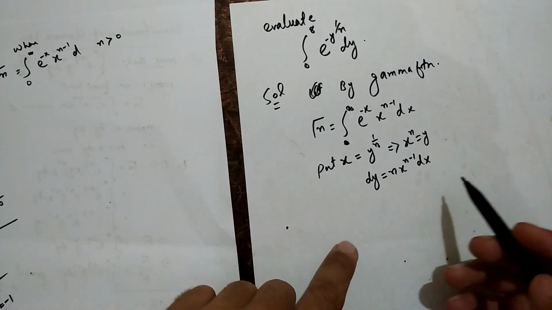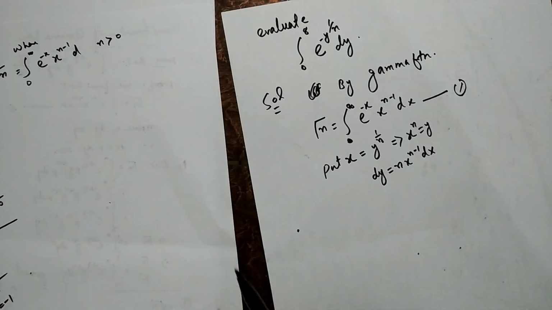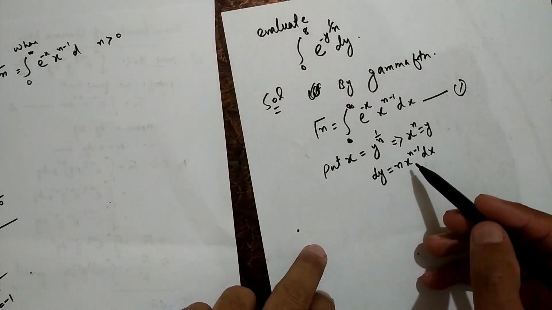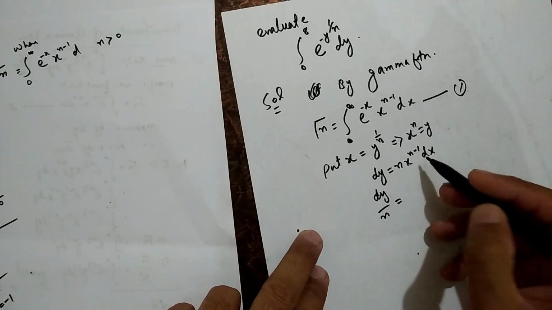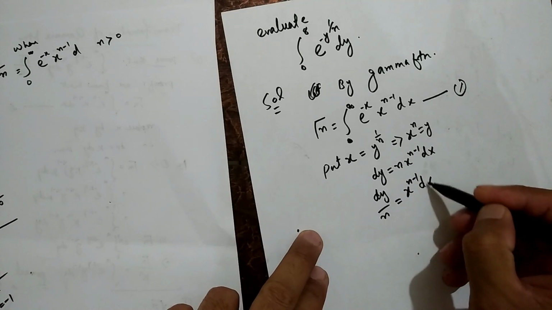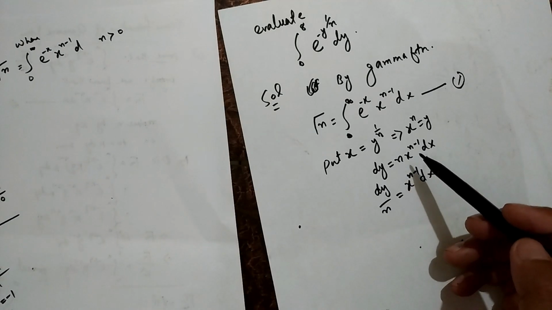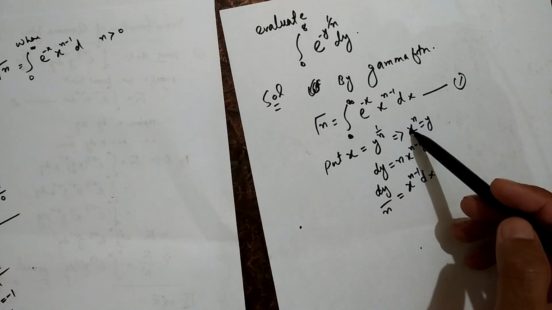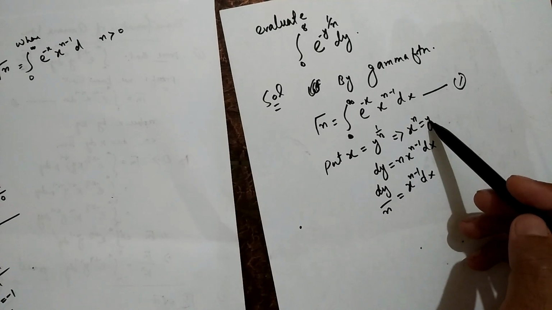So put these values in equation number 1. Again we made some substitution, so we have to check the limits. Further, we can also write this as dy upon n is equal to x to the power n minus 1 dx. For checking the limits, as we made this substitution, when x is equal to 0, then y will be equal to 0, and when x goes to infinity, then y goes to infinity.